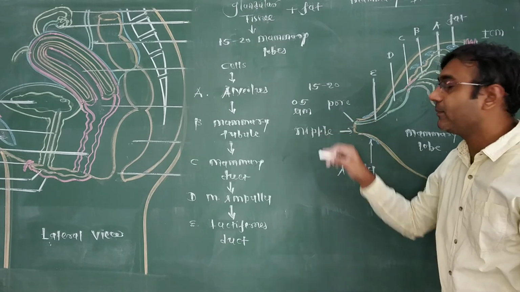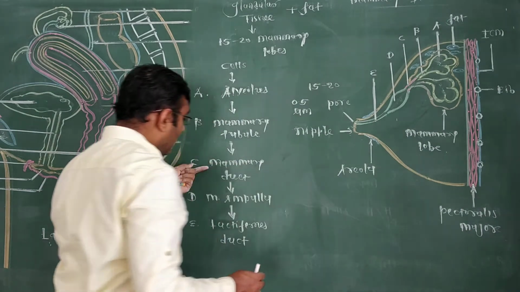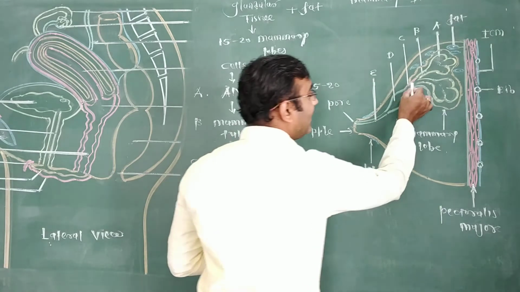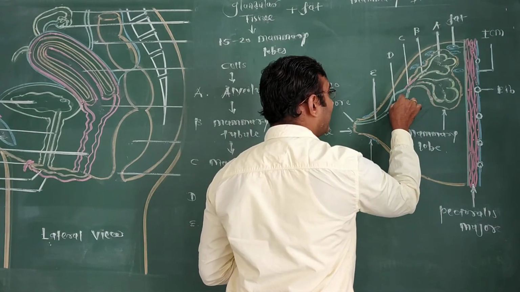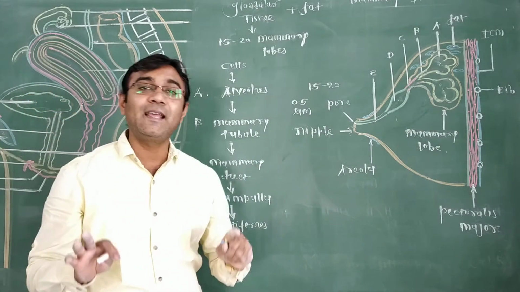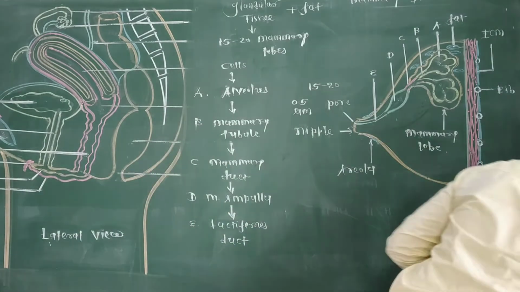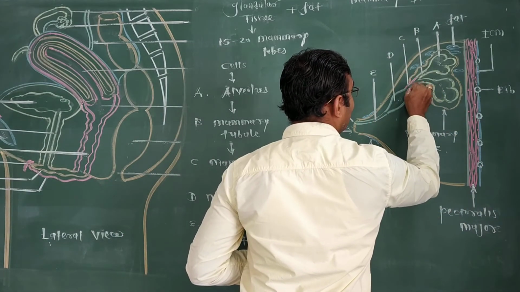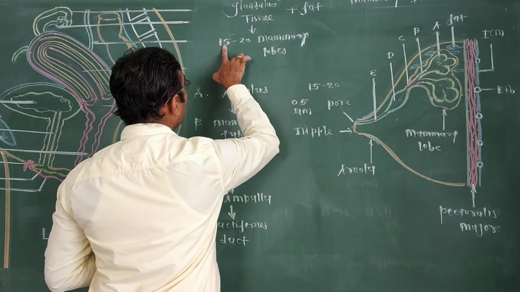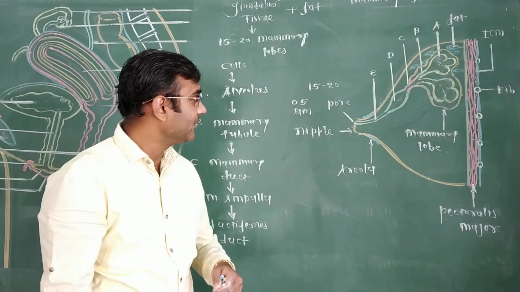Actually one mammary duct opens into one ampulla, but our textbook writes that many mammary ducts open into a single mammary ampulla, so we have to write and mention it as it is. So we completed the structural and functional characteristics of the mammary gland. We just drew one mammary lobe; a minimum of 15 to a maximum of 20 mammary lobes are situated within the mammary gland.